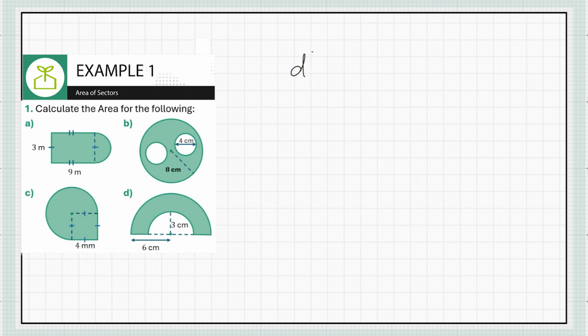Lastly, D. D is effectively a large semicircle, and we're subtracting a smaller one. So the area of the initial one is going to be half multiplied by pi r squared, and the area of the smaller one is also going to be half multiplied by pi r squared.